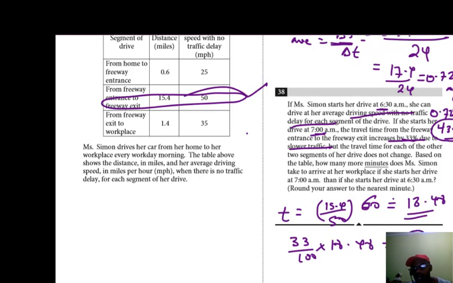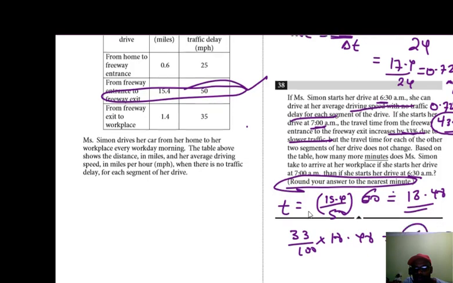So it's about a 6-minute delay. So if she starts her drive at 6 a.m. compared to 7, rounding your answer to the nearest minute, the answer will be 6 minutes. It's increased by 6 minutes.